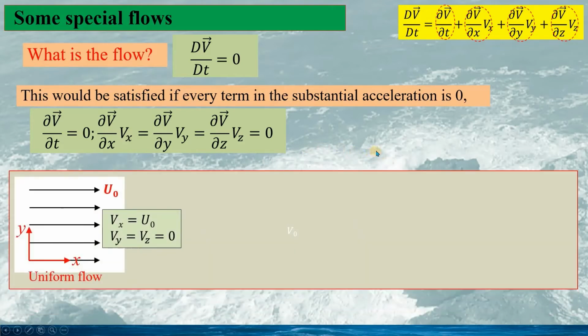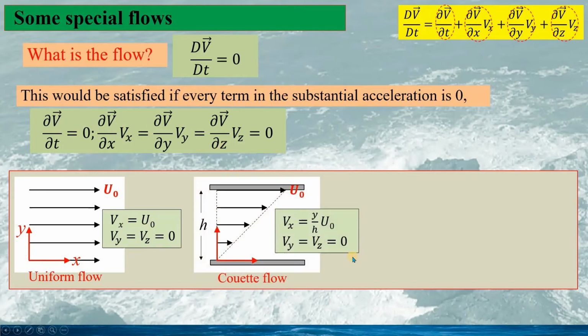We can see some special flows for which the substantial acceleration would be zero. The first one is the uniform flow. For instance, Vx is constant as u0 and Vy equals Vz equals 0. So we can check all these terms would be 0.